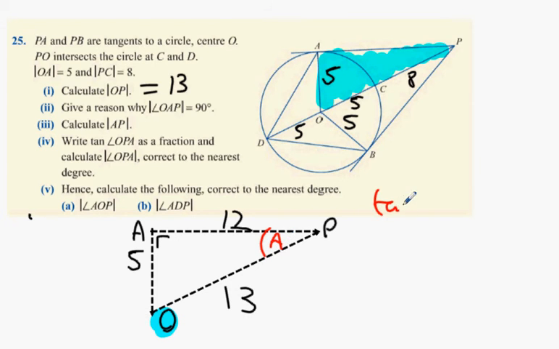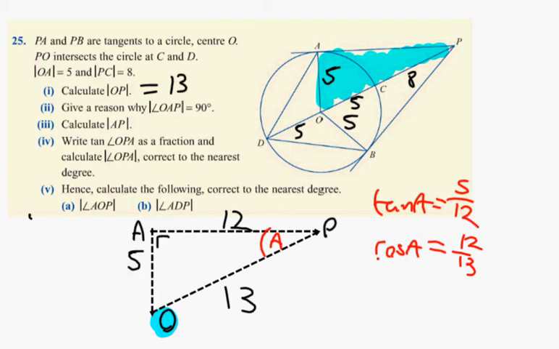So we can do tan A equals 5 over 12 for opposite over adjacent. What else could we do? Cos A equals, what would cos A be equal to? Doesn't that tell you to use tan? Yeah. I was just saying you could use other ones. You could get 12 over 13.